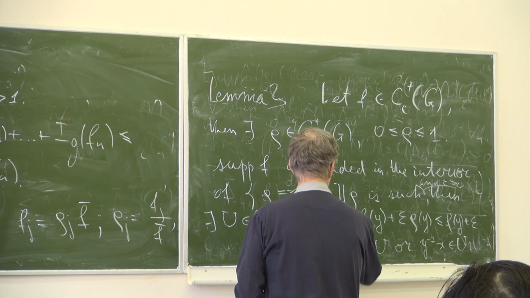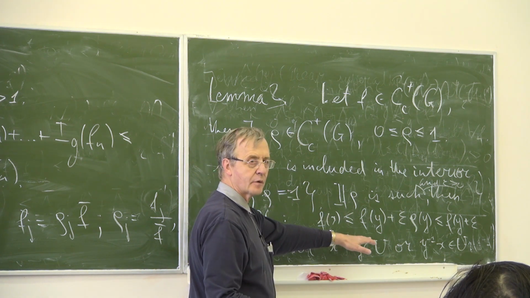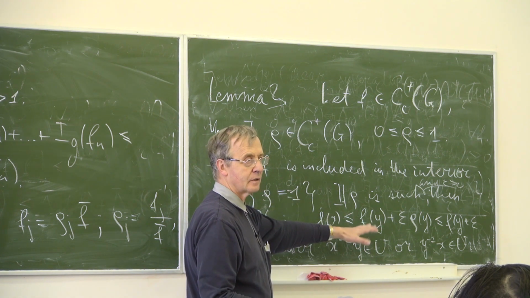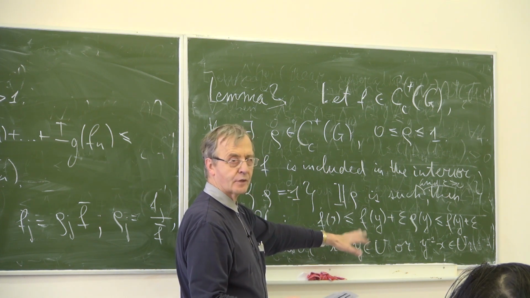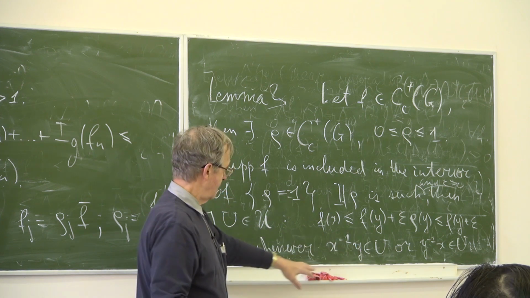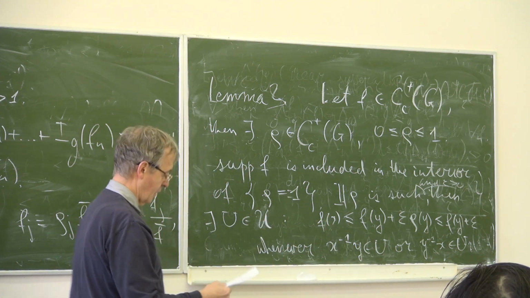I'll postpone this till the very end because this is really something like the Cantor theorem. Very similar to the Cantor theorem, so not very interesting. But I'll do this later.